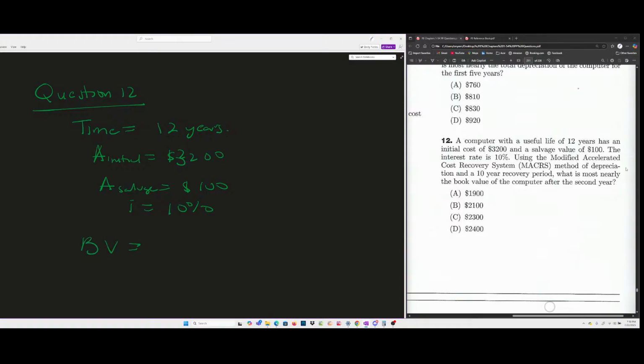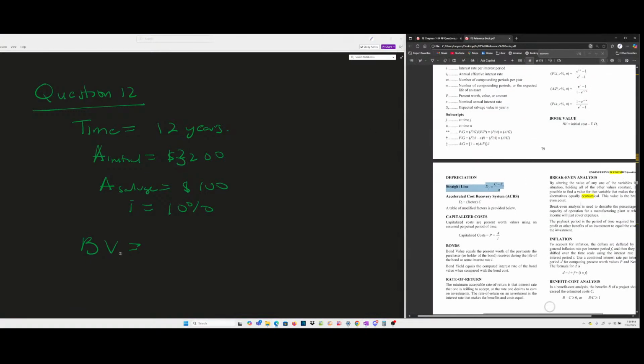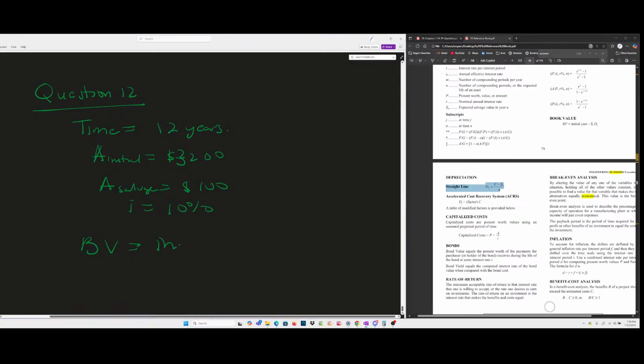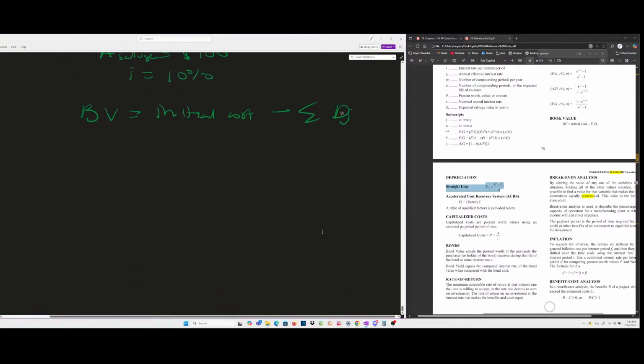The book value is the initial cost multiplied by the depreciation, and to get the DJ we're going to use the MACRS system.